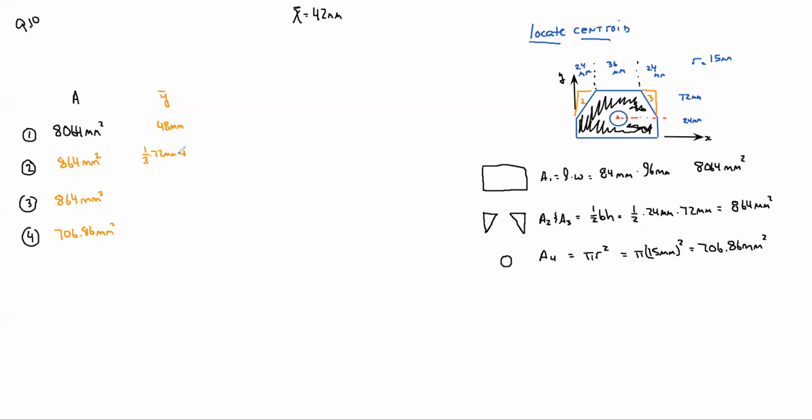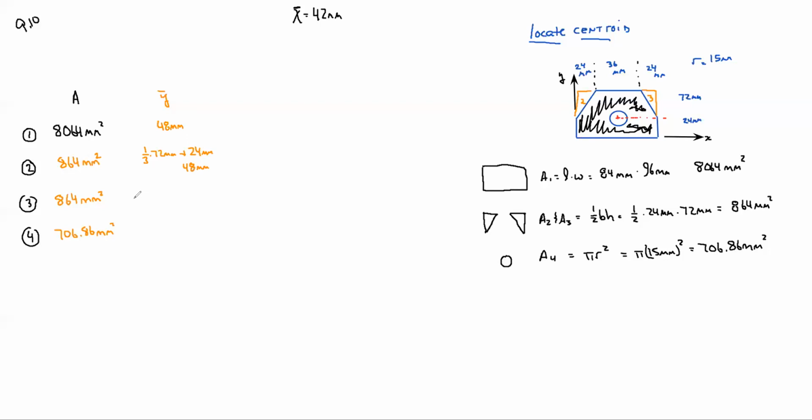In our case, that's 24 millimeters. 72 divided by 3, I think, is probably 20. Is it 24? And 24 plus 24 is 48 millimeters. It's just a coincidence.